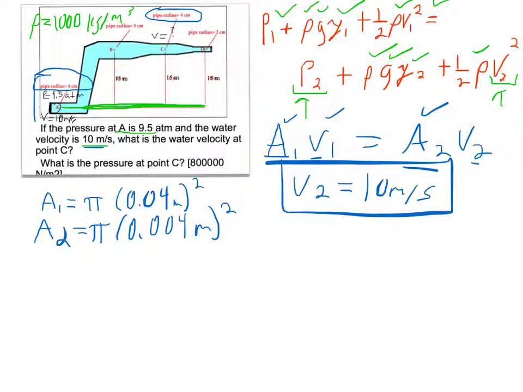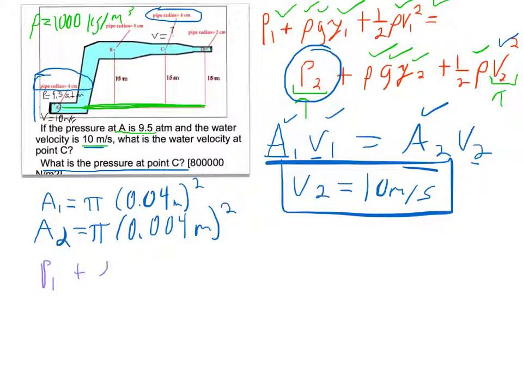Check. The problem also wants us to find the pressure at point C. Well, now that we have the velocity right here, we know everything in Bernoulli's equation except the pressure at point C, and so we could solve for that. So let's rearrange Bernoulli's equation to find the pressure at point C. First, I'm just going to rewrite Bernoulli's equation.